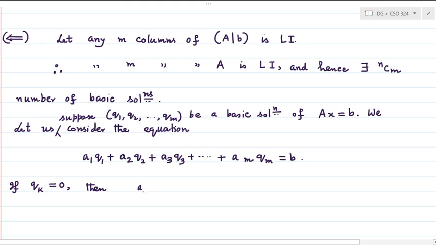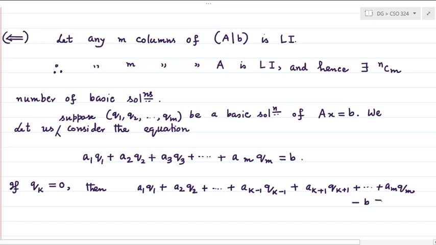Then you notice the following: you have a1 q1 plus a2 q2 plus up to a(k-1) q(k-1), and ak qk will not be there, plus a(k+1) q(k+1) and so on up to am qm minus b is equal to 0.